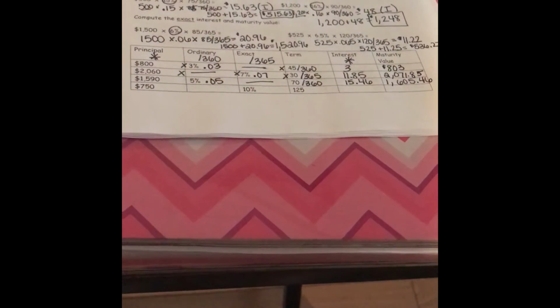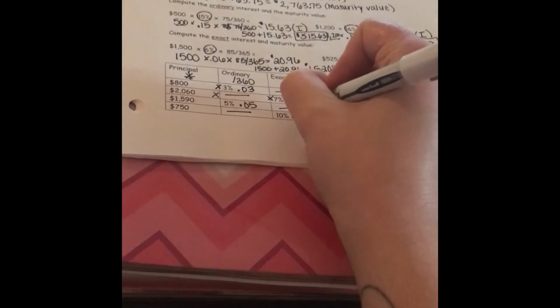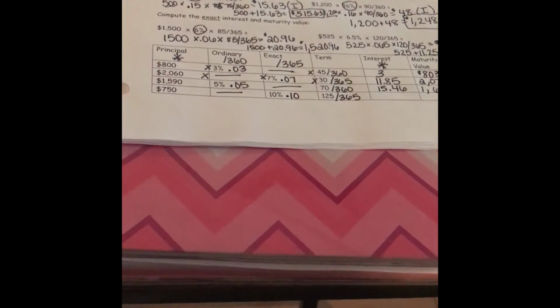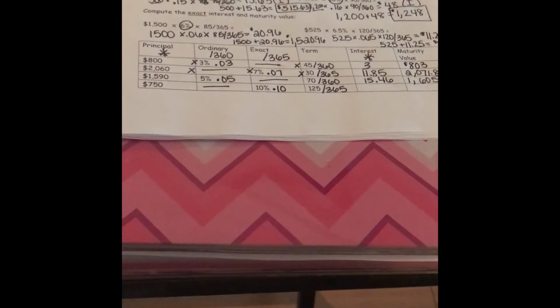The last one for this page, 750. 10% as a decimal is 0.10. Since it's under exact, I'm going to divide this by 365. So 750 times 0.10 times 125 over 365.